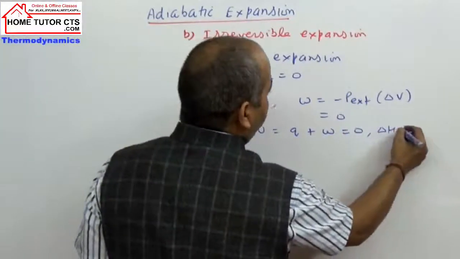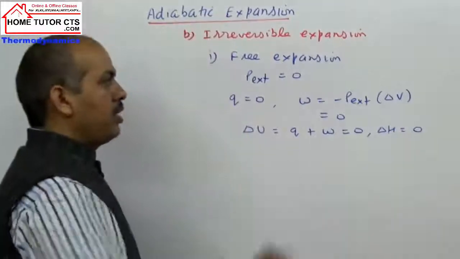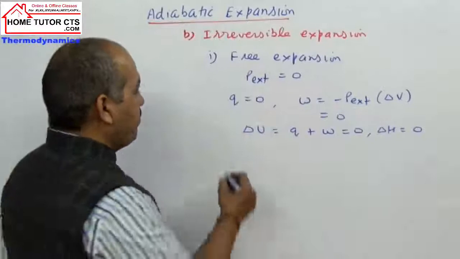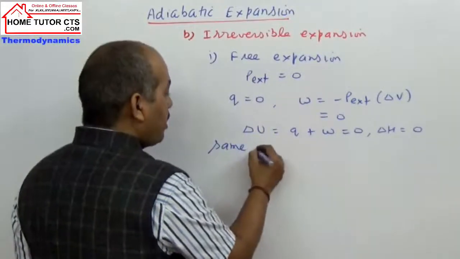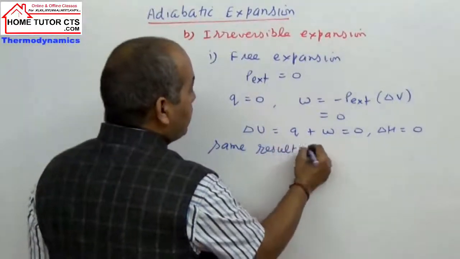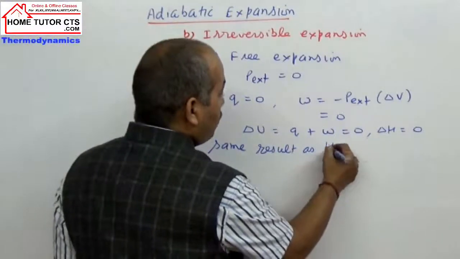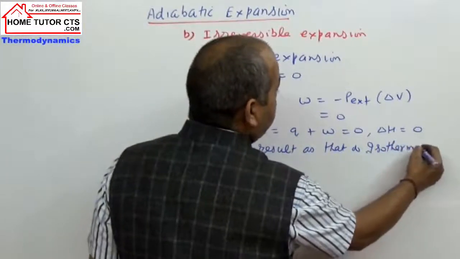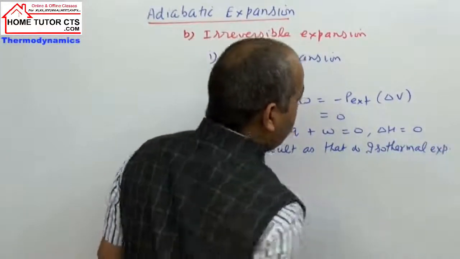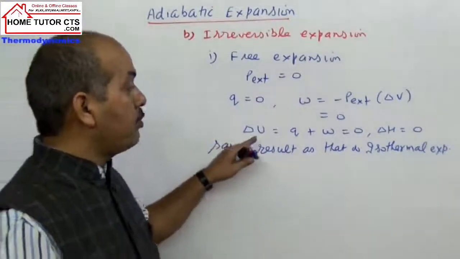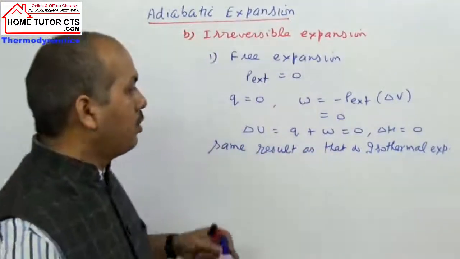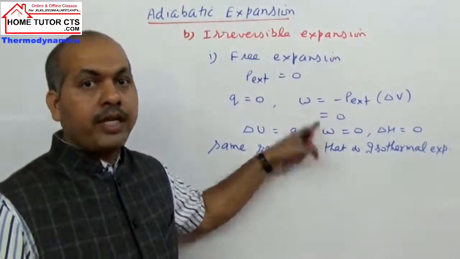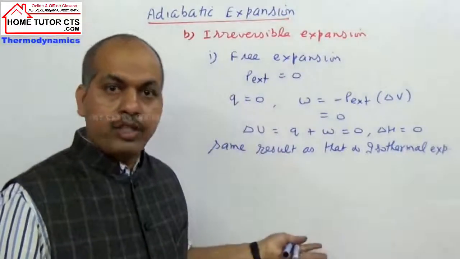And delta H we can similarly take as 0, because delta PV will be 0 here also. So we can take it as the same. This is the same result as that of isothermal expansion, where we have work 0, delta U 0, so Q also will be 0.